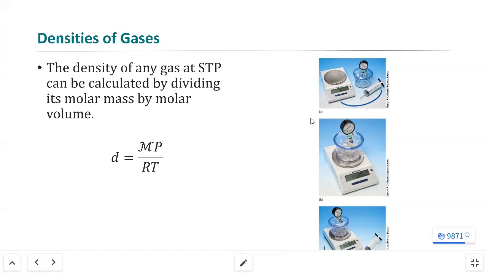In this situation, we can talk about using the ideal gas law and standard temperature and pressure to figure out the density of a gas.